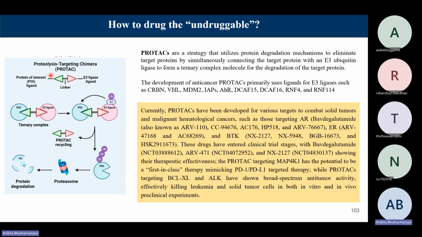First of all, you have three entities which are all fused together. The first one, shown in green, is the ligand for your protein of interest. Say you have AR, androgen receptor, that you want to target.